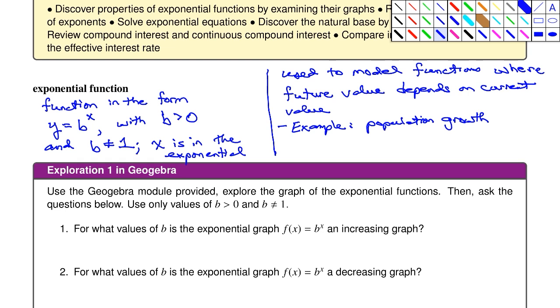So for the population of a county, city, country, whatever, the future value of that population depends on what the current value is because of reproduction, etc. On the same token, you can also model certain other things like spread of disease, money investments, and also a little chemistry with radioactive decay.